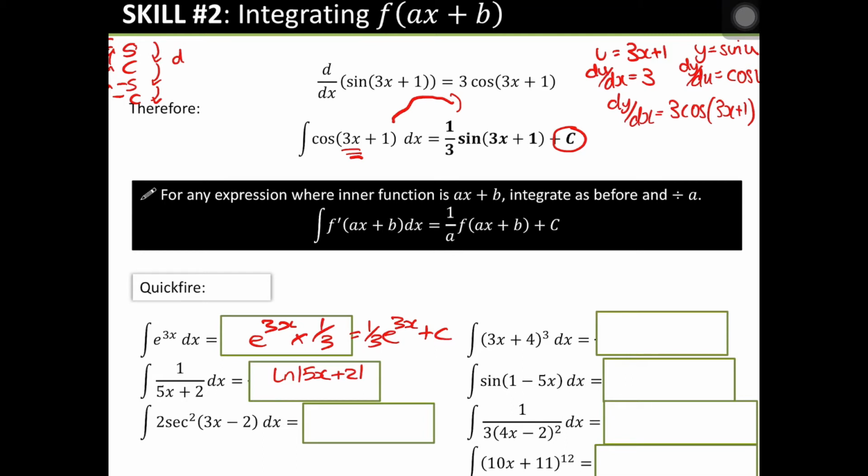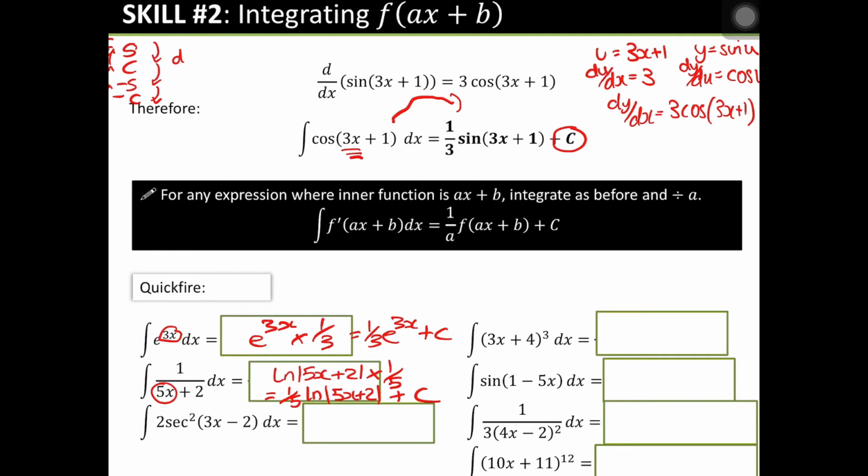Okay, but we have to times that by 1 over whatever our coefficient of x is. So in our first one, we did 1 over 3 because it was 3x. So this time it's 5x. So I've got to times that by 1 over 5. So I'm left with 1 over 5 lots of log natural 5x plus 2. And again, I have to remember my constant of integration.